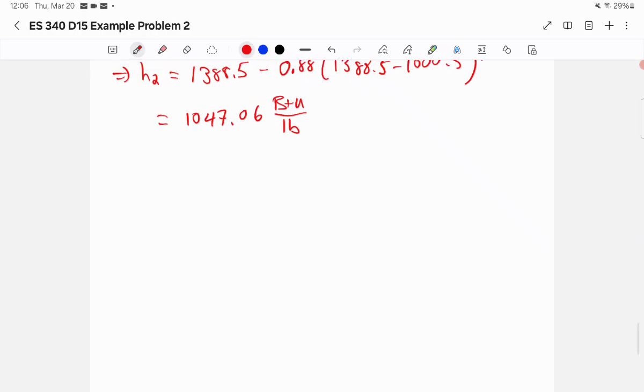Now for state 3, recall that P3 was equal to 60 pound force per inch squared. T3, I assumed that it was Fahrenheit for this problem, so I apologize that I missed that it was Celsius and didn't convert, but that's okay.